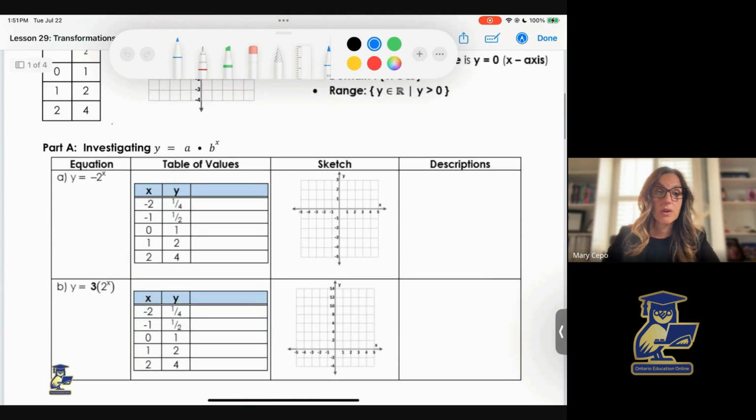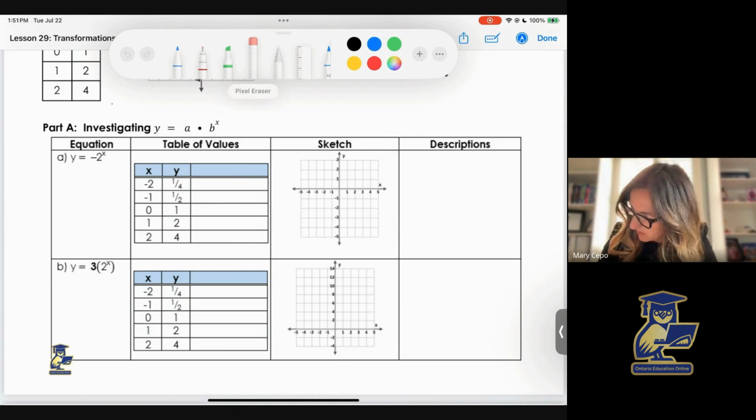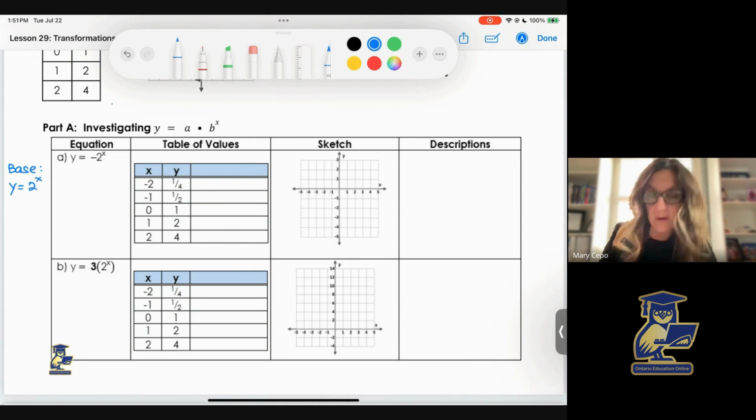Okay, in part A, we're going to investigate what happens when we have different a values. Looking at the equation given in A, we have y is equal to negative 2 to the exponent of x. Again, in this case, we identify the base of the exponential function is 2. It's just good practice to identify first, what is the base function? So the base function is y is equal to 2 to the power of x.